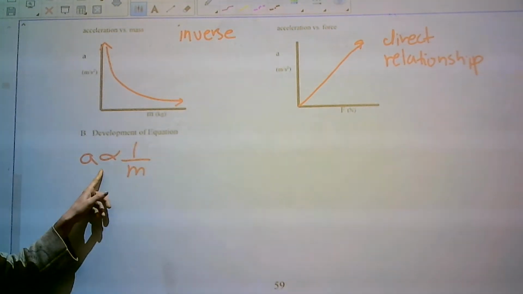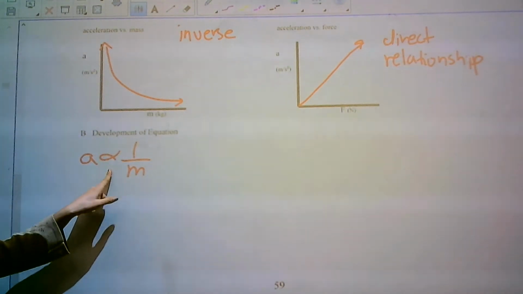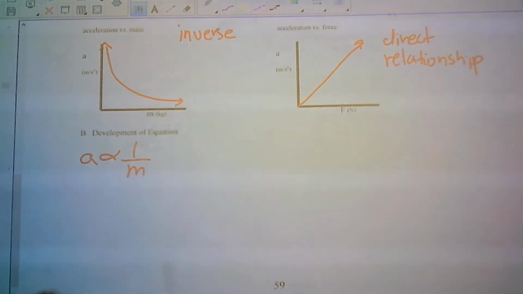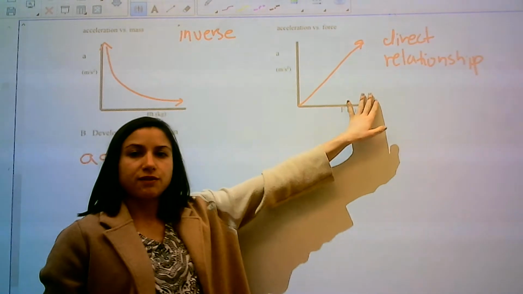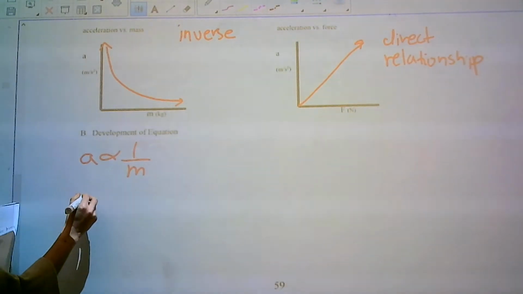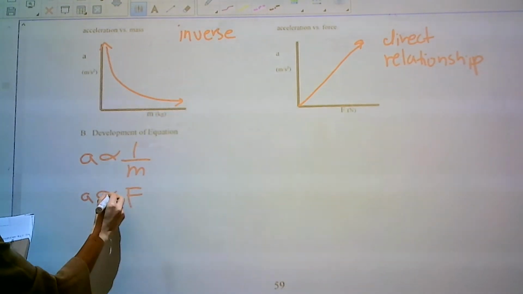Again, this little sign that looks like a fish means proportional to. It's a general relationship between these two. And if we look at our second graph, the relationship between acceleration and force, we can say that acceleration is proportional to force, okay?